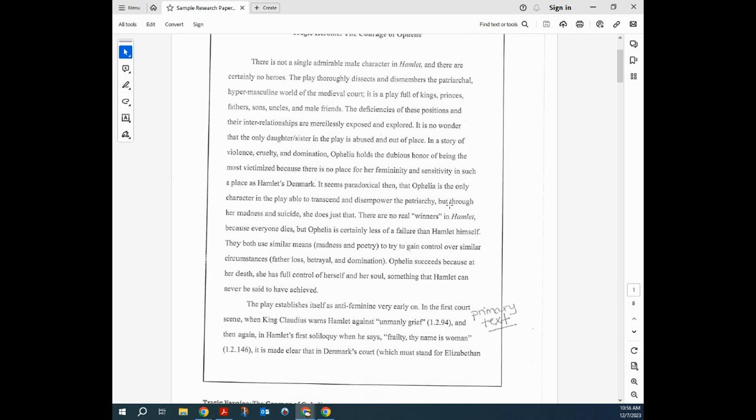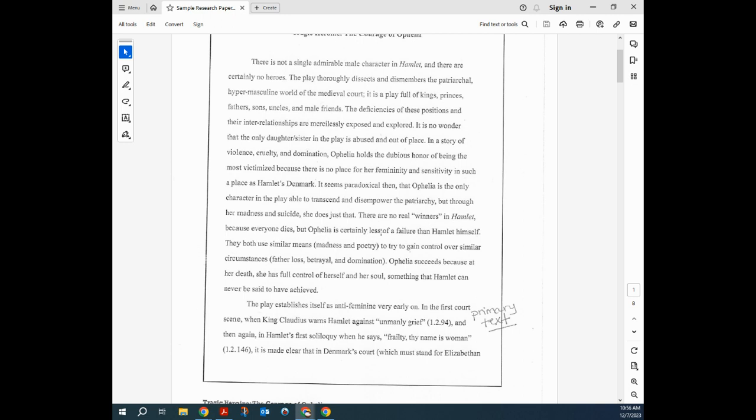So, this is the student's social commentary. They believe that when Shakespeare writes this play, he structures Ophelia in a way that she is the character he fashions to go up against patriarchal norms that exist in society. And that's essentially what this essay is stating. She goes on and says there are no real winners in Hamlet, but everyone dies.